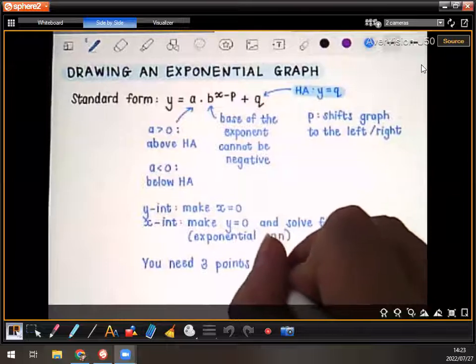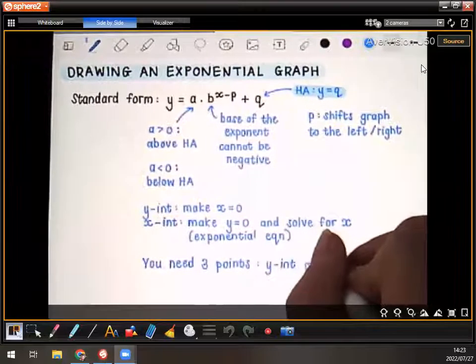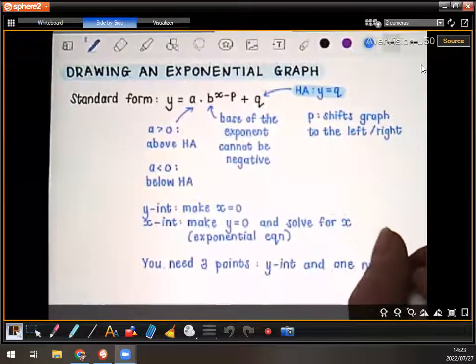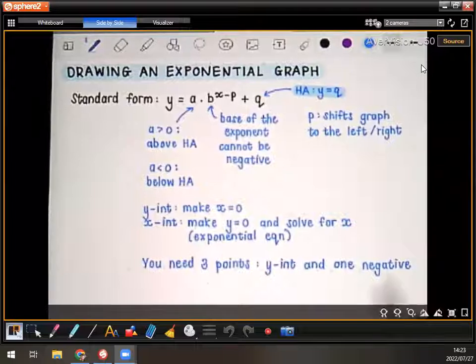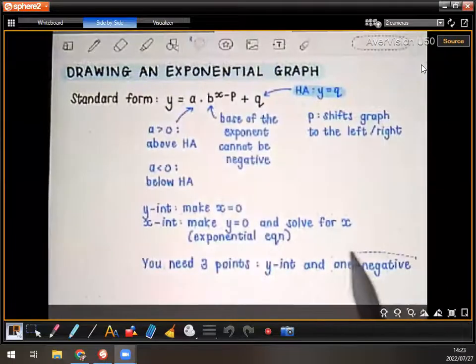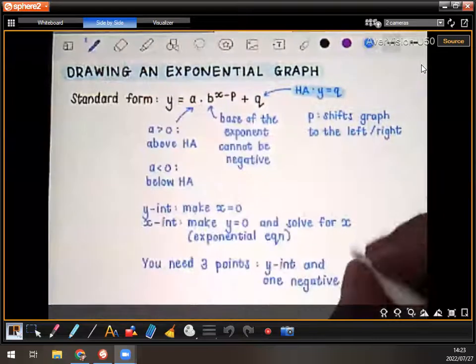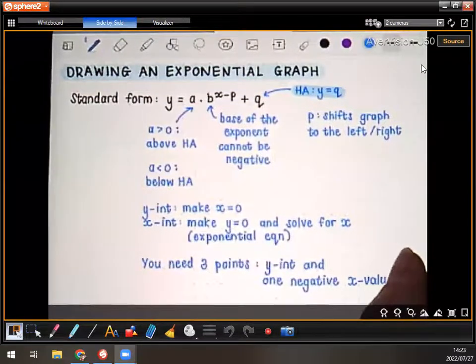So it is going to be your Y-intercept and then 1 on either side. 1 negative X value and 1 positive X value.